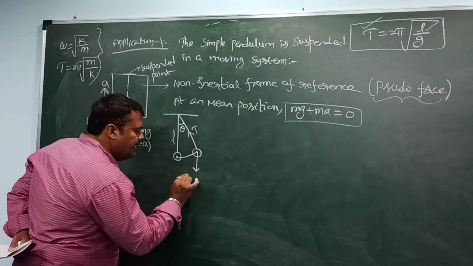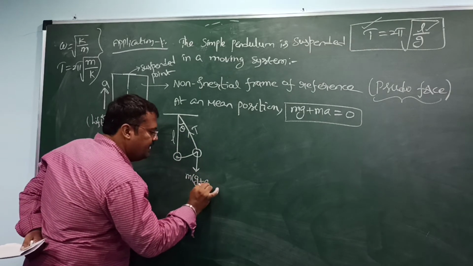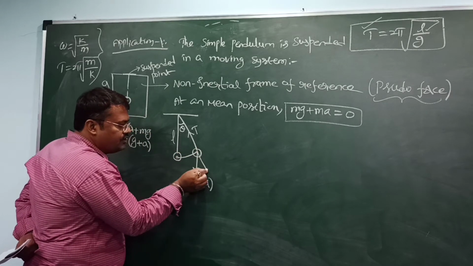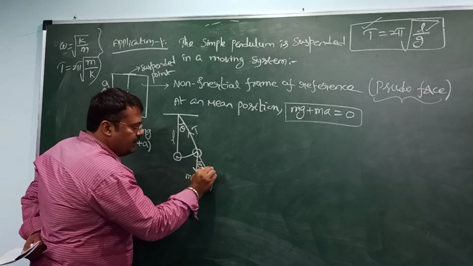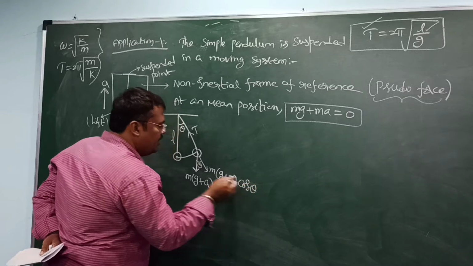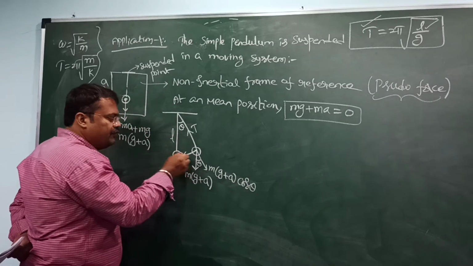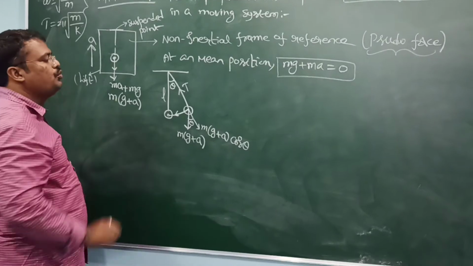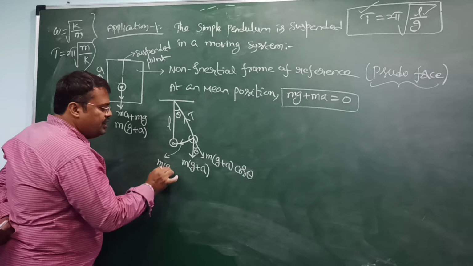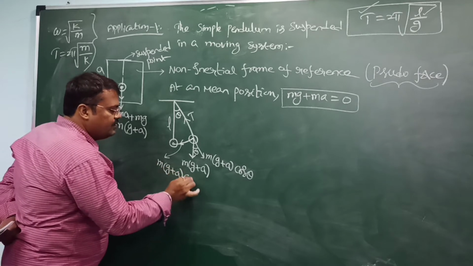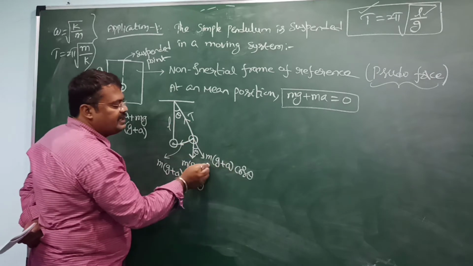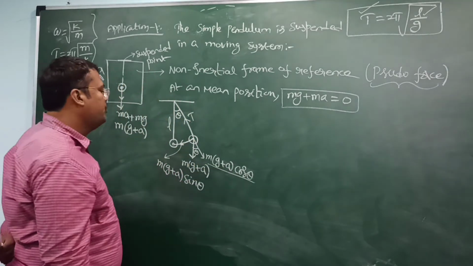The total force it experiences is m into (g plus a). Resolving this, m into (g plus a) cos theta, and another component of the force, always acting towards the mean position, is m into (g plus a) sin theta. So the tension and m into (g plus a) cos theta are balanced forces.